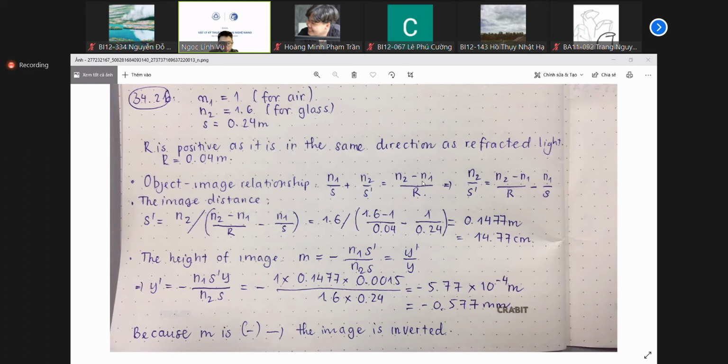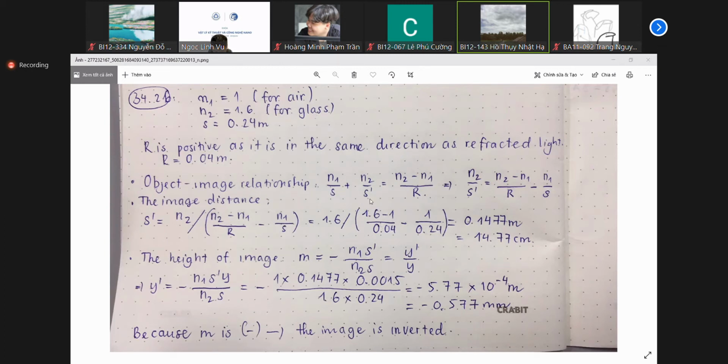And for the height of image, I use the equation of lateral magnification, which is m equal negative n1 s prime over n2 s equal y prime over y.